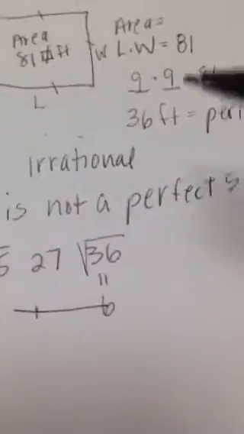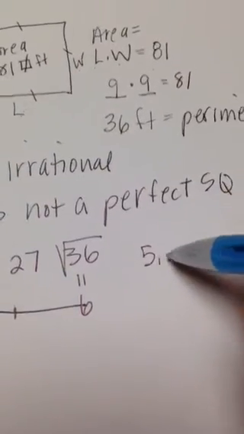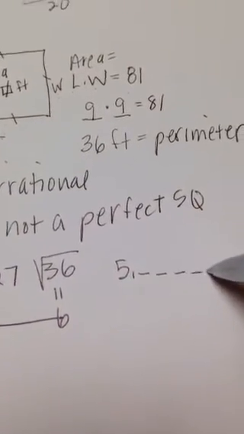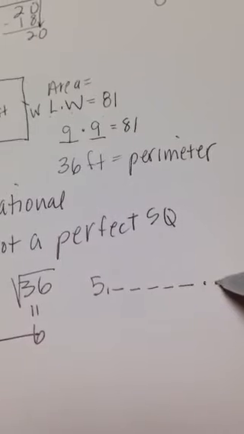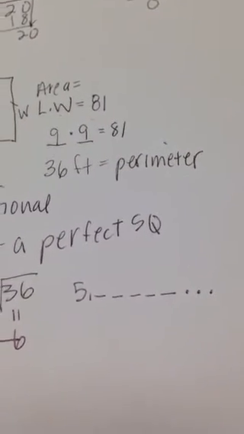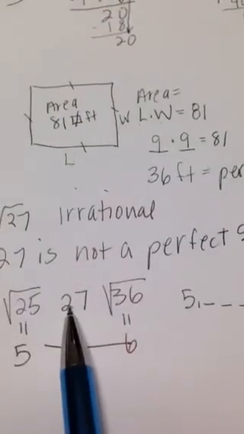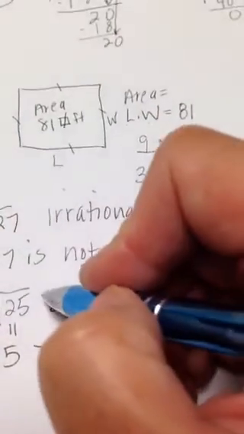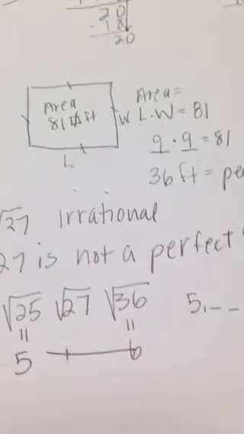But in reality it's going to be 5 point something something something, which is going to be a never-ending, never-repeating decimal, because this is not a square number, so its square root's going to be irrational.